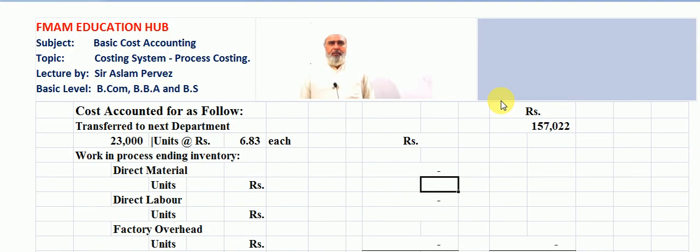Now our cost of the units transferred to the next department is 1,57,022 rupees. Now we will find the operating cost and ending inventory cost here. The units in process are 2,000.